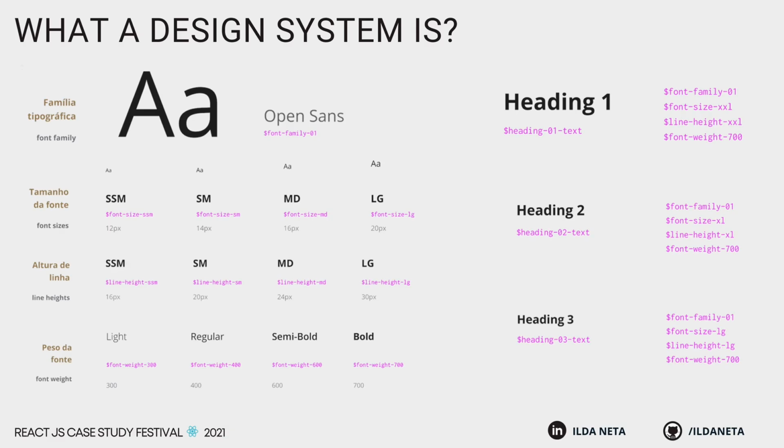These are some specifications taken from our Figma, where the designers created some rules of our design system, and this is how it looks like. We can see here our font family, our typography, variations of font size, line height, and font weight.